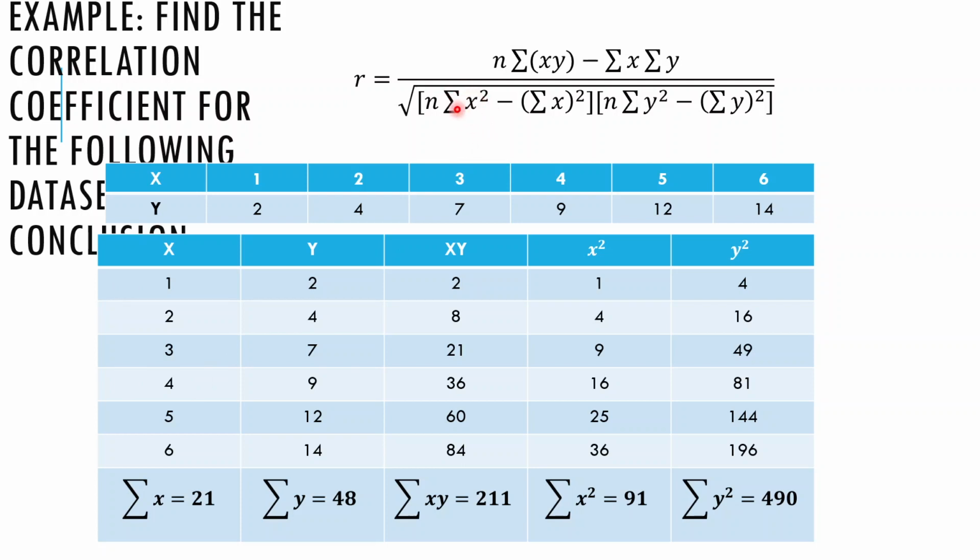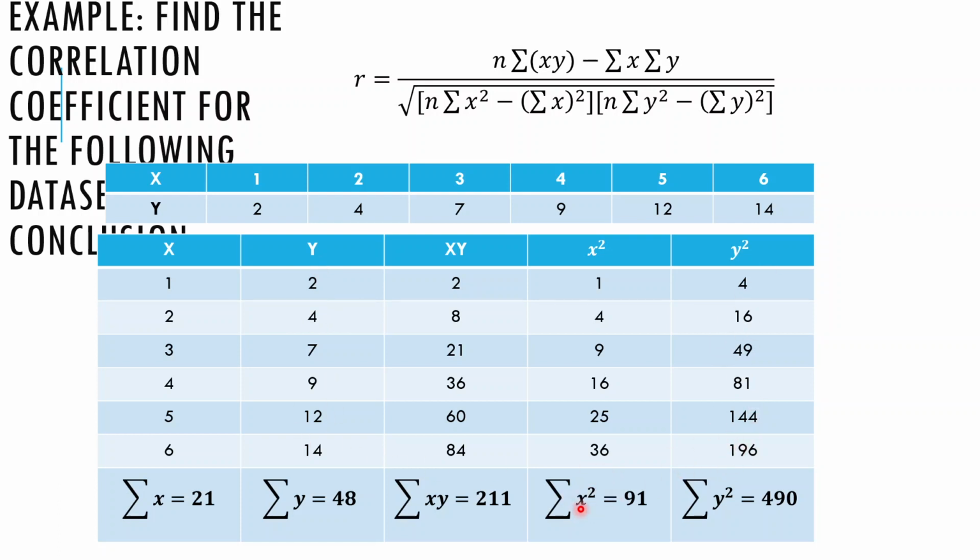Okay, and as you can see here, we need to square the x, and we also need to square the y. So that's why I added column x squared, which is just the square of the values of x here. Same with y squared, which is just the square of this column, and I get this.